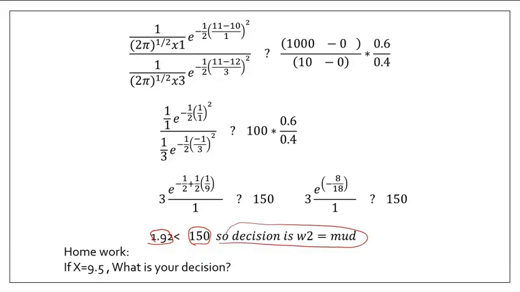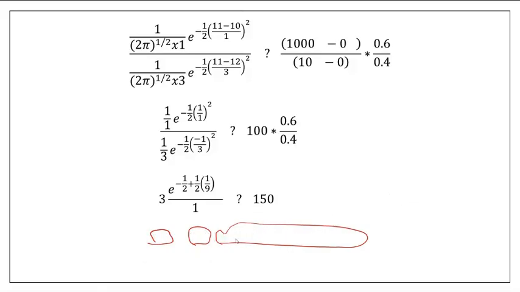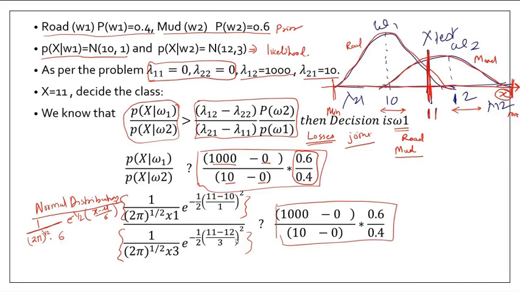Is this right? What we started with: we want this ratio to be greater than theta, but what we are obtaining is that the ratio is less than theta. Since the ratio is less than theta, our decision is omega 2. Otherwise, it would have been omega 1.